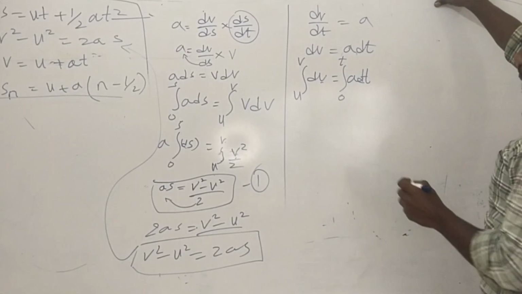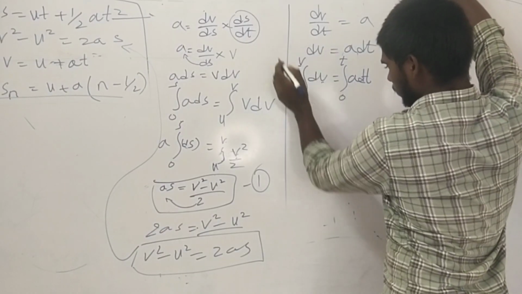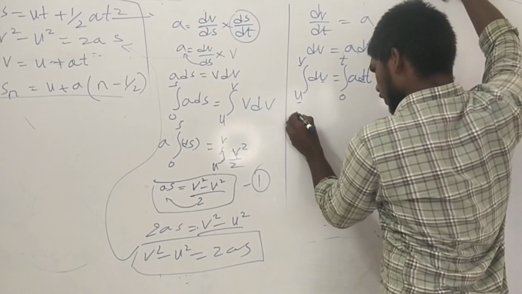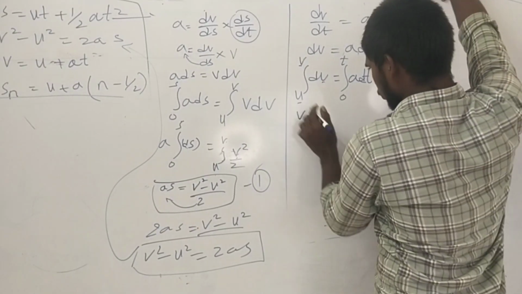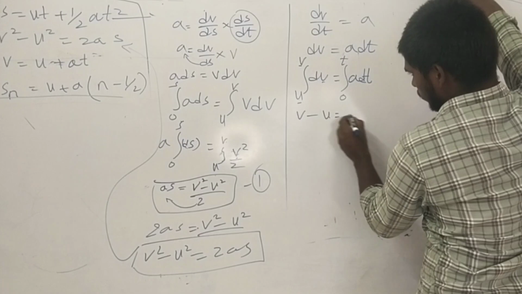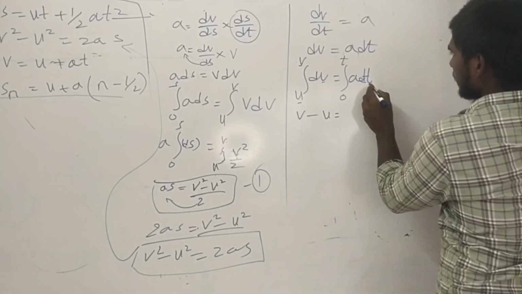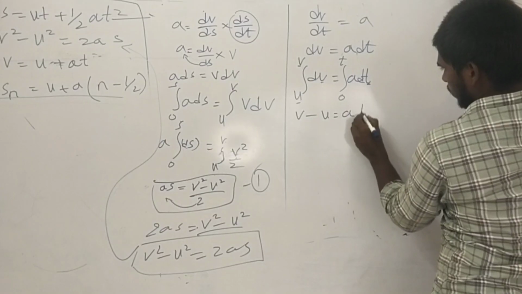At the position of v, first put the upper limit minus the lower limit, so v minus u is equal to a times t, the upper limit t minus the lower limit 0, so at.